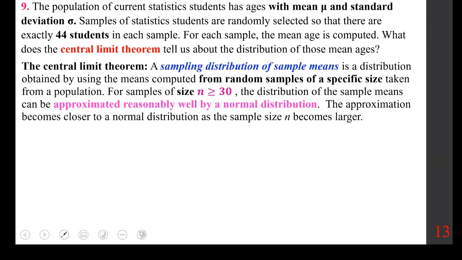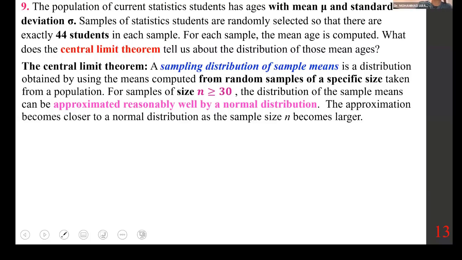The central limit theorem: a sampling distribution of sample means is a distribution obtained by using the means computed from random samples of a specific size taken from a population. For samples of size n greater than or equal to 30, the distribution of the sample means can be approximated reasonably well by a normal distribution. The approximation becomes closer to a normal distribution as the sample size n becomes larger.